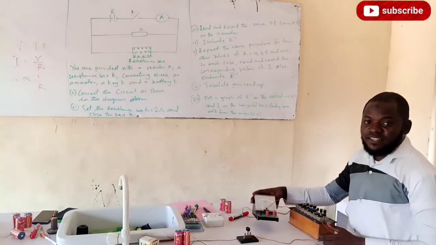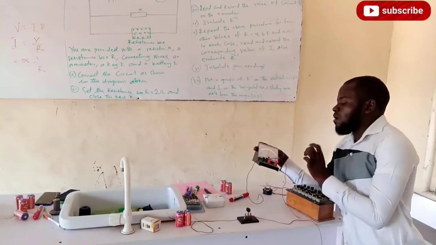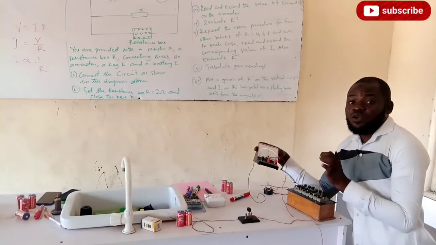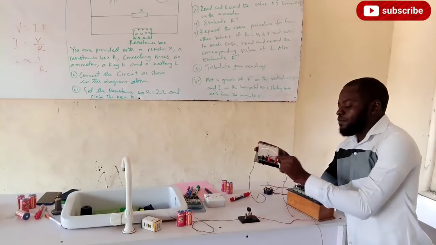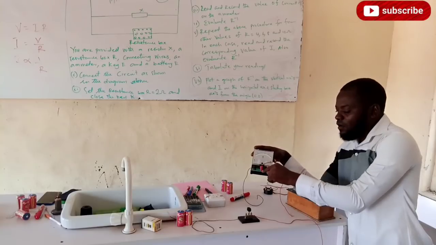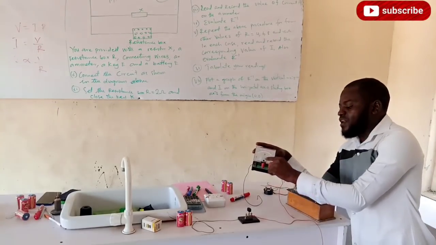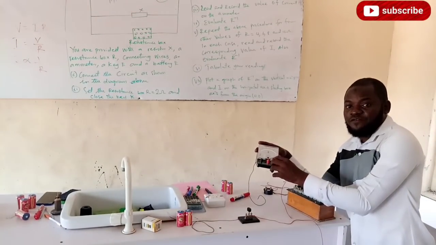Now, my ammeter here is capable of reading 5 ampere, but I want an ammeter that can only measure 3 ampere, although this can measure up to 5. So the first terminal here indicates 0 to 3. If I connect the wire to the second terminal, it means I want it to read 5 ampere.